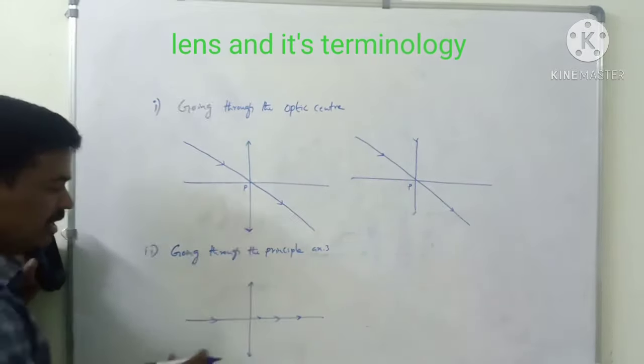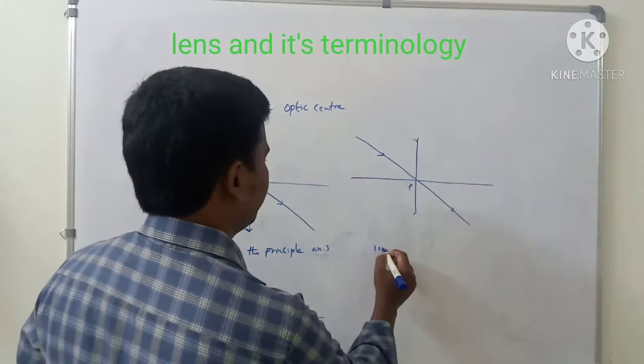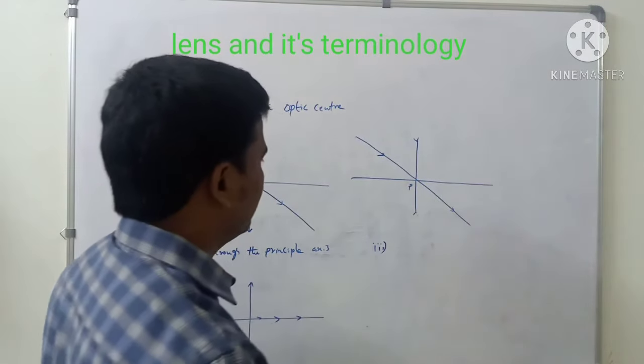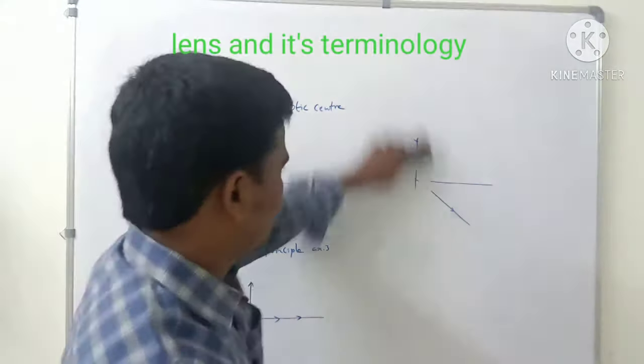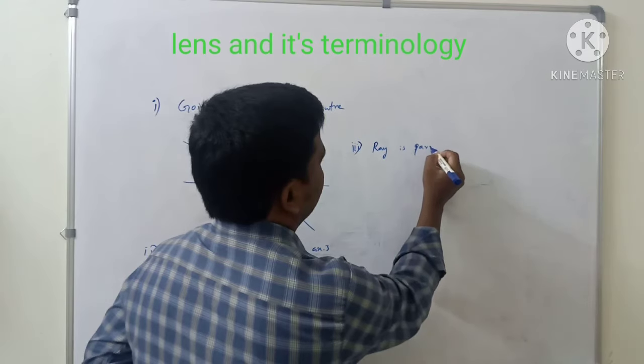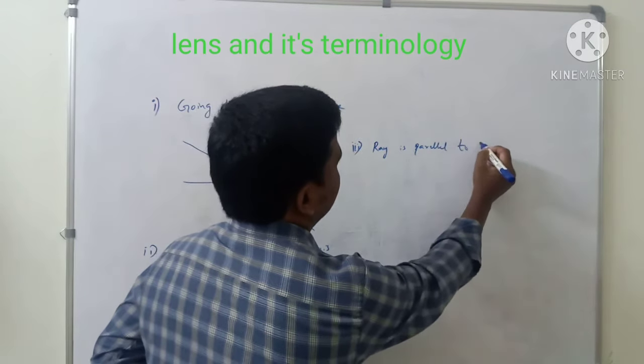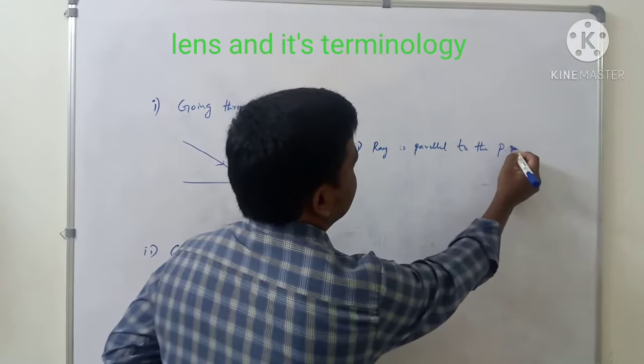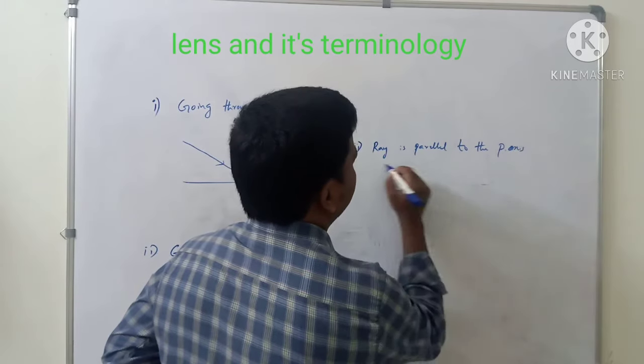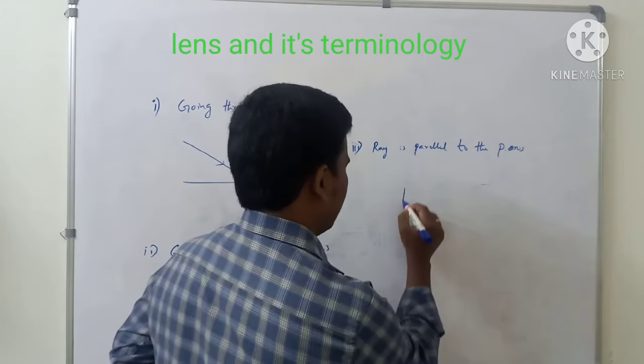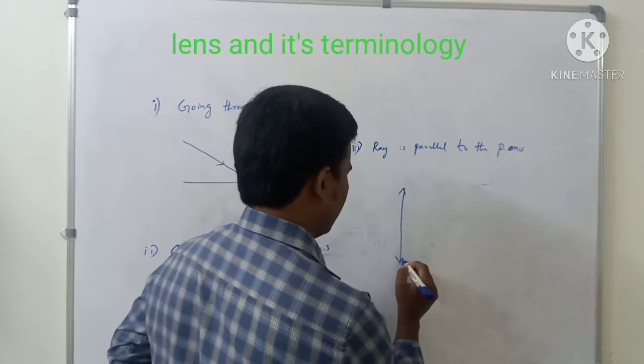Next, there is another one, the third. Let me draw it here. This is the third point. If the ray is parallel to the principal axis, let me draw for convex.